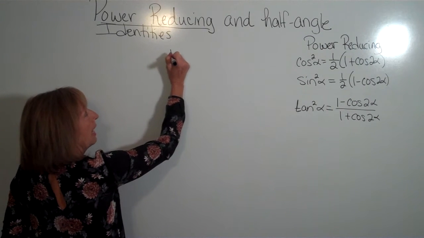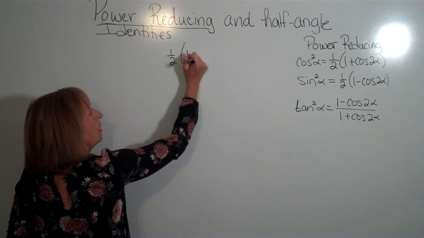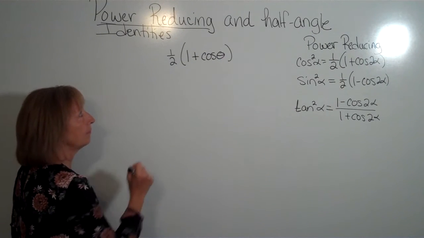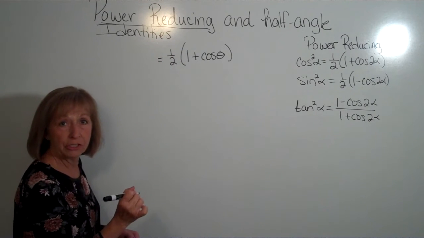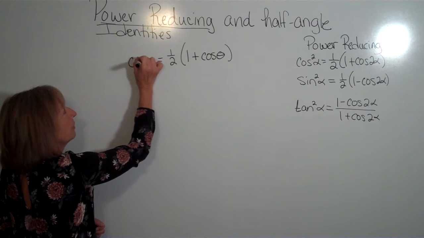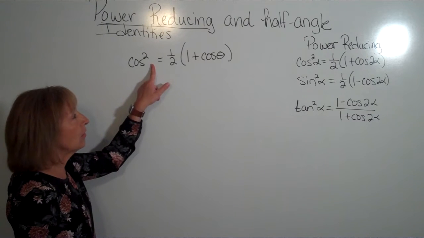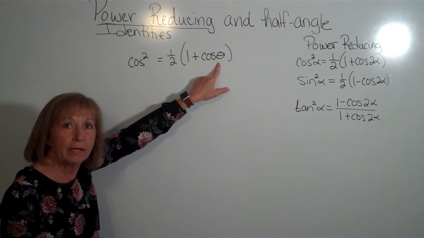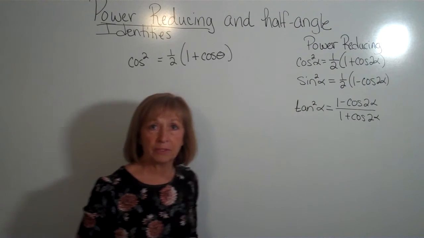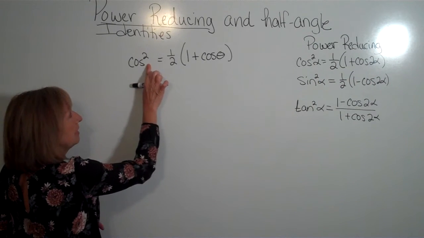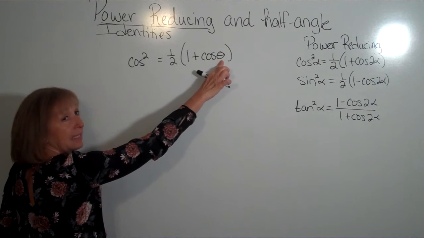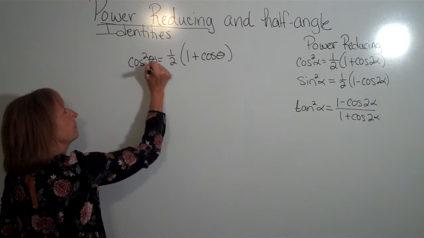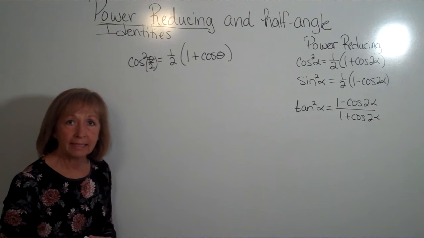So if I had 1/2 of 1 plus the cosine of theta, then holding the relationship true, I would still have a cosine squared, but the angle out here has to be half of the angle that's in there to meet the same requirement of the relationship between these. So this angle has to be whatever that angle is cut in half. So I have theta over 2 as the angle that it's acting on.